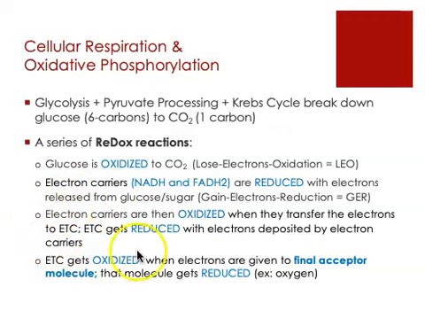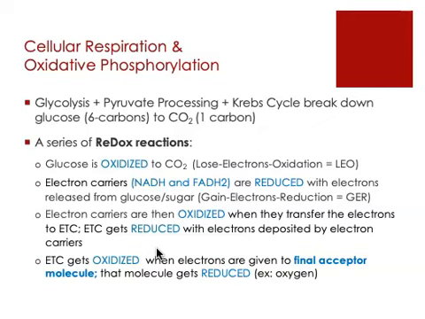The electron transport chain then is gaining them, so it's getting reduced. The electrons are going to be sent down this transport chain. And I know that language seems very strange, but the purpose of the electron transport chain is to harvest energy out of these electrons.